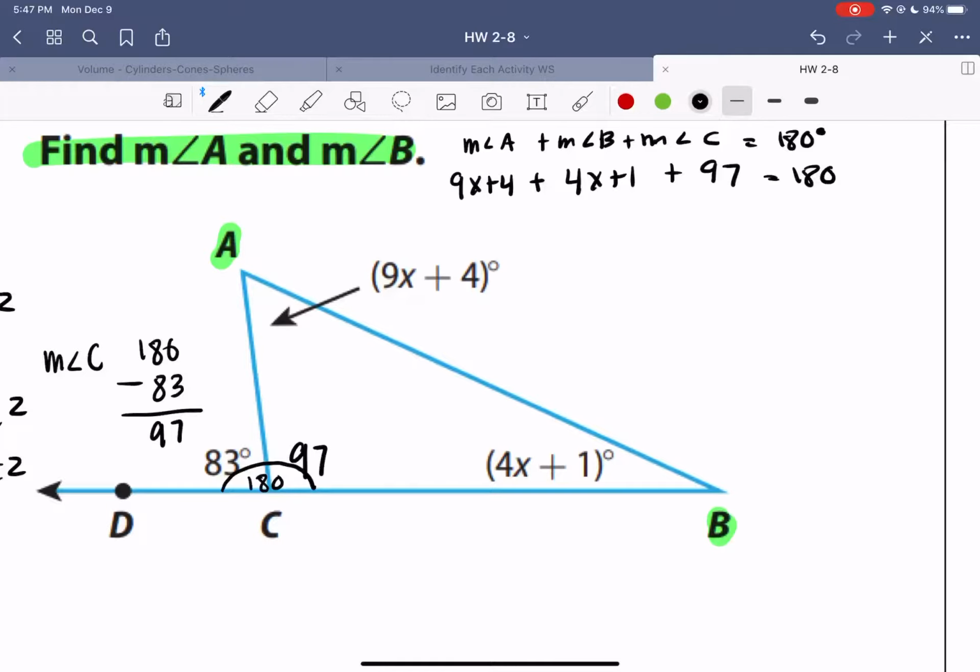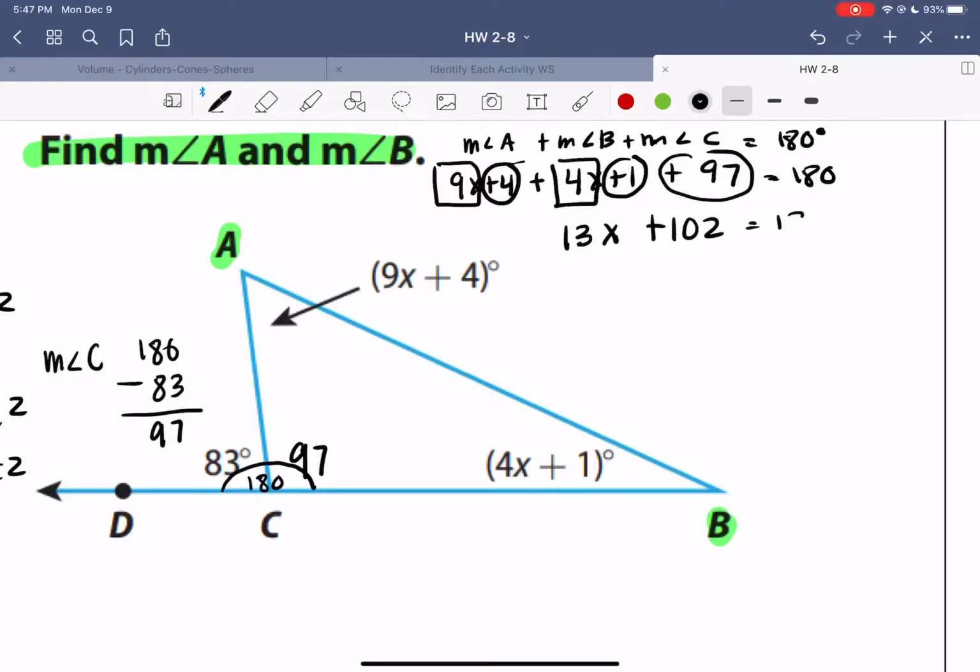I'm going to circle my constants and box my variables. We have a 9x and a 4x, which gives us 13x. And then we have 4 plus 1 is 5, plus 97, which gives us 102 equals 180.